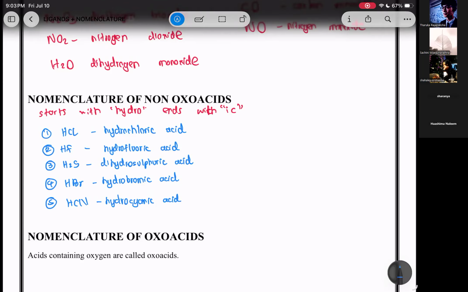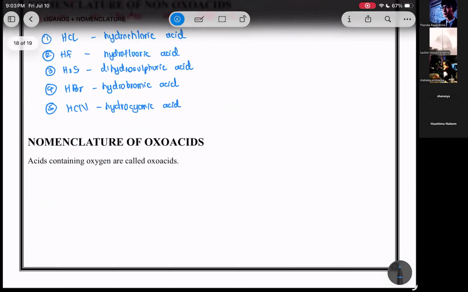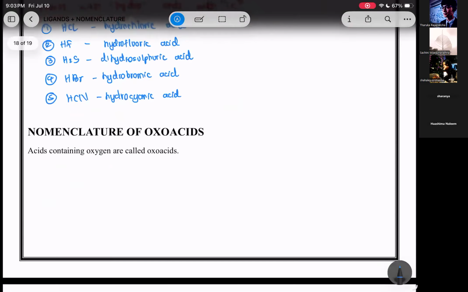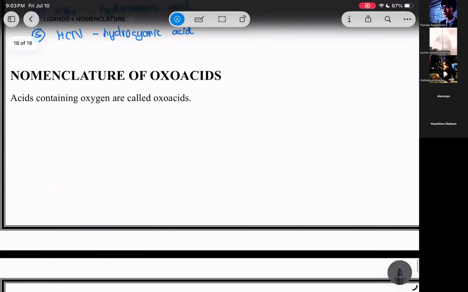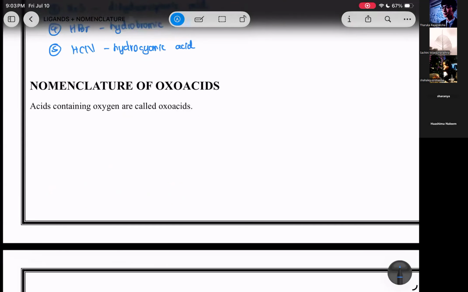Then nomenclature of oxoacids. Acids containing oxygen are called oxoacids. Now this one has two types. Oxidation number lower one, oxidation number higher one. For example, H2SO3.